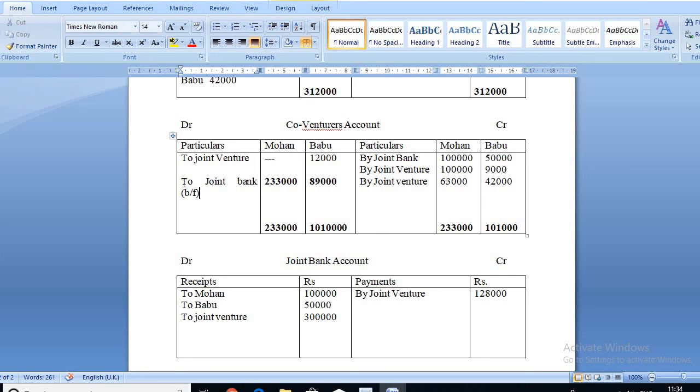Before closing this co-venture account, make a cross posting for this entry, because every transaction has two aspects, one is debit, one is credit. The debit aspect is over, so here the joint bank account is debited.